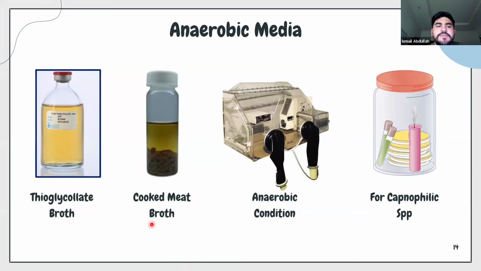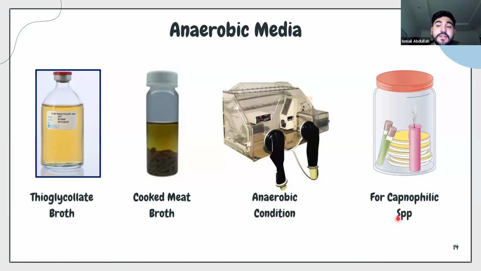And of course there are specific organisms that grow in specific broths. So far you just need to know that these are the medias needed for anaerobic organisms to grow. And this one is just controlling the environment, trying to make sure that there is no oxygen in there, just to facilitate anaerobic conditions.